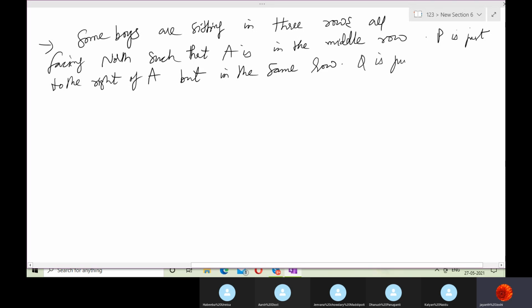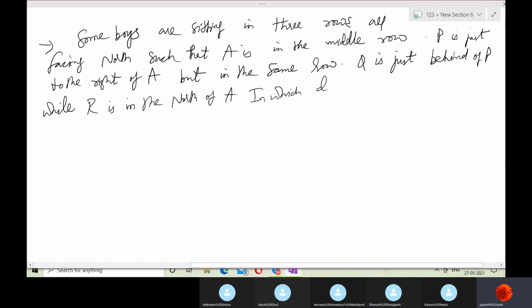Q is just behind P, while R is in the north of A. In which direction of R is Q? Come on, do this question.